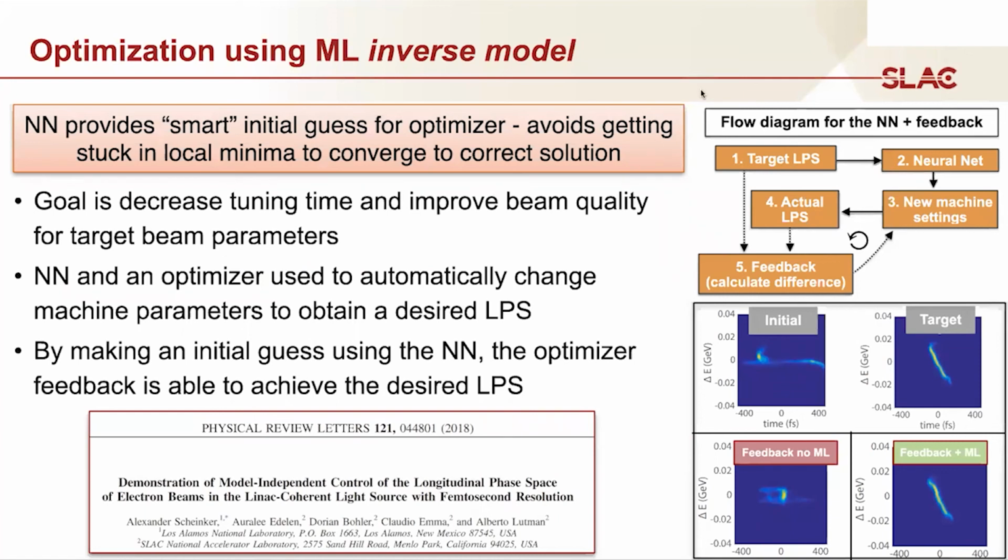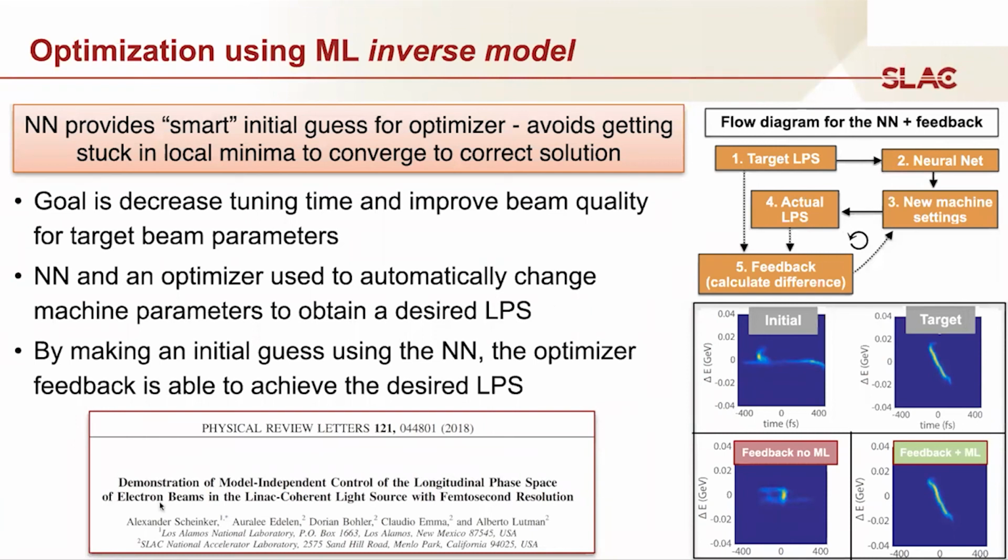So it's not taking the prediction and wrapping it around an optimizer, but rather asking the machine learning model, given a target phase space, what should the machine settings be for me to achieve that target phase space. And this experiment was done in tandem. So it was using the machine learning model to predict the machine settings as a warm start for then an actual conventional feedback, in this case, extremum seeking.